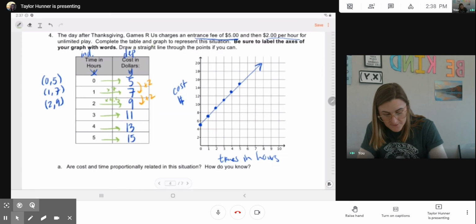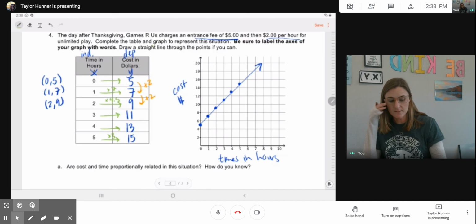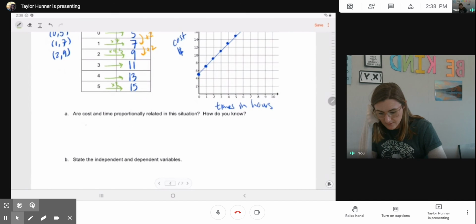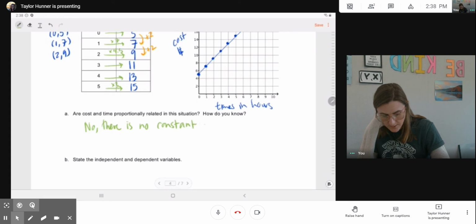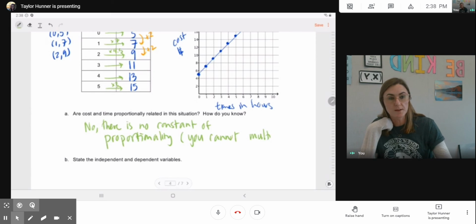From 5 to 15, I'd multiply by 3. Those are all already different. So I can say, no, there is no constant of proportionality. Or you cannot multiply by the same thing each time to get the corresponding value.